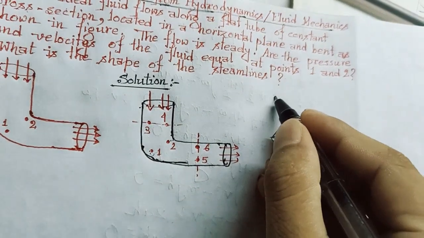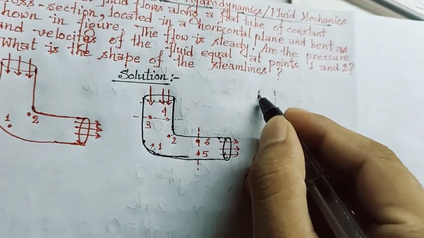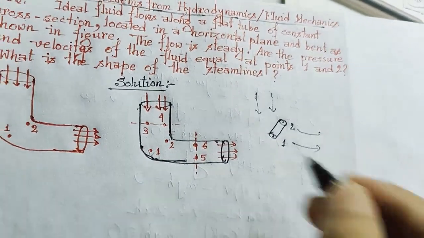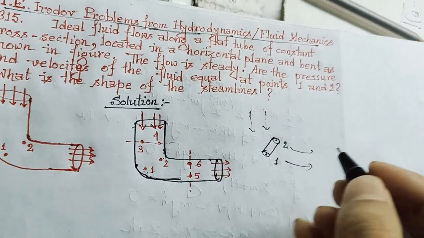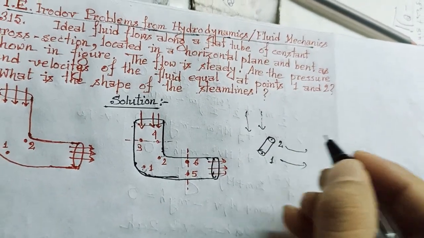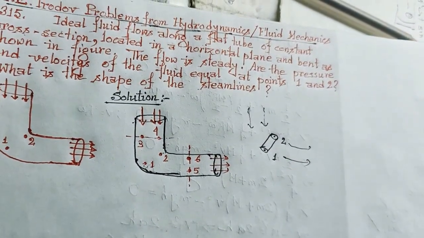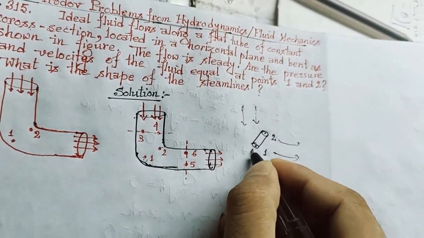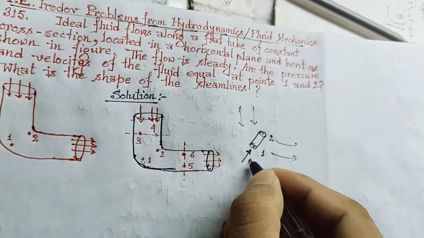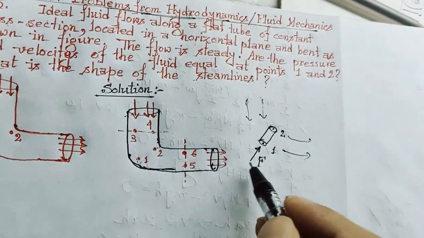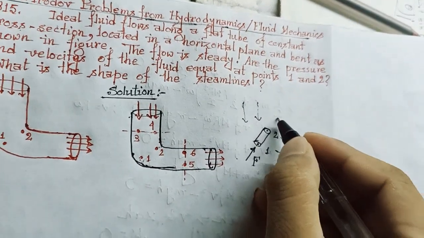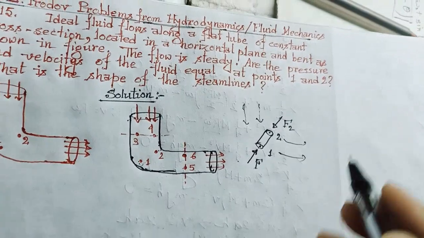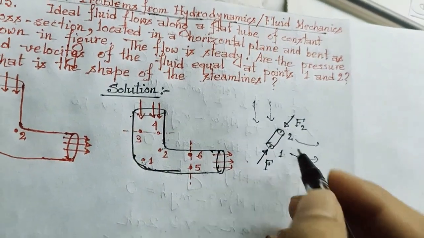As the fluid is moving in this direction, these are the directions of the fluid movement. Now if we draw the FBD of this element, there will be a force F1 applied at point 1, and an opposite force F2 acting at point 2.